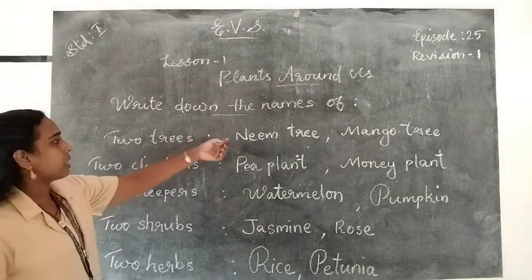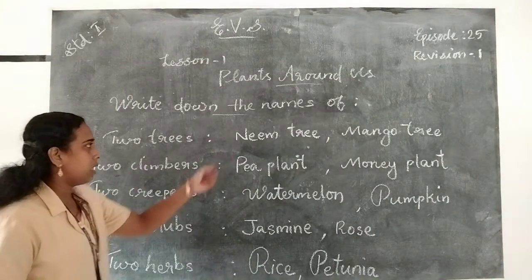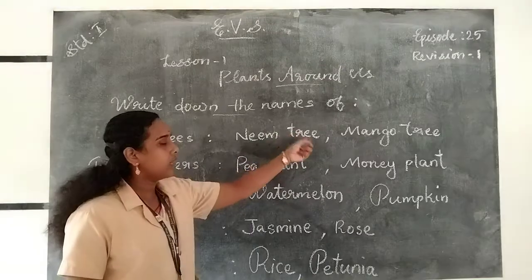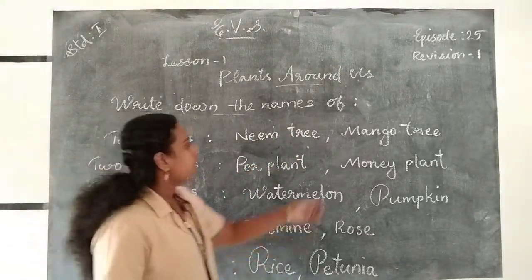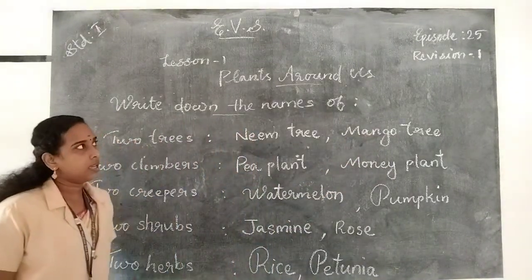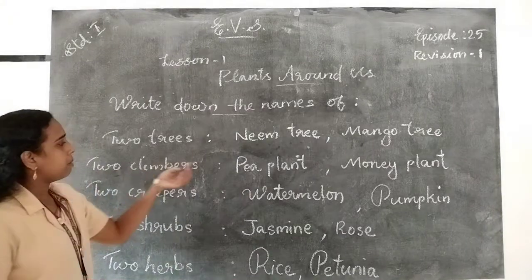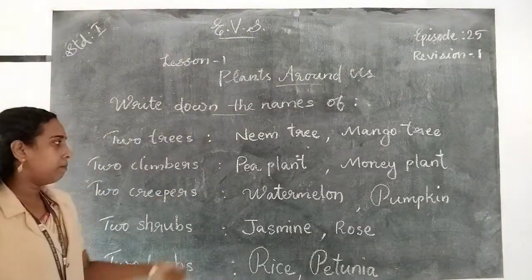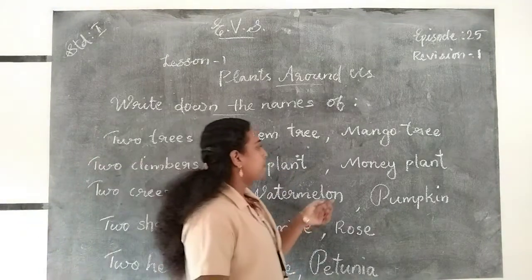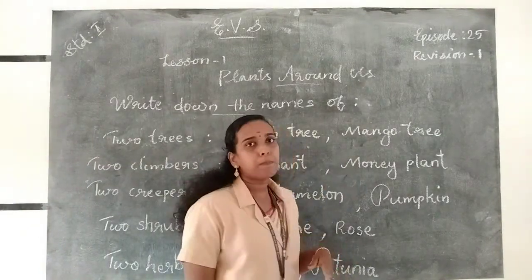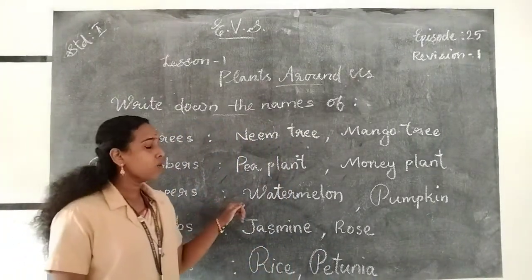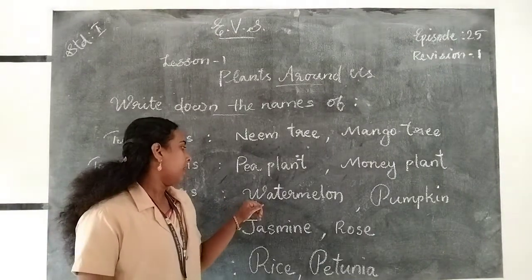So examples for two trees: neem tree, mango tree. Then two climbers: pea plant, money plant. Then two creepers: watermelon, pumpkin.